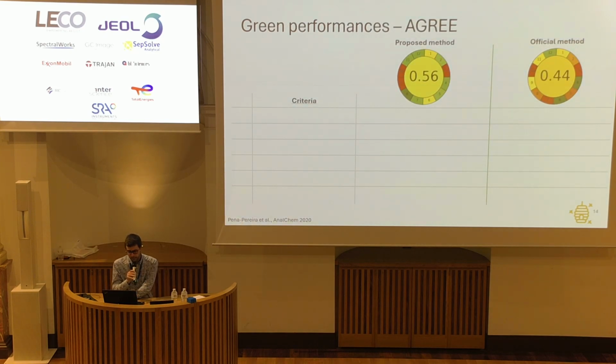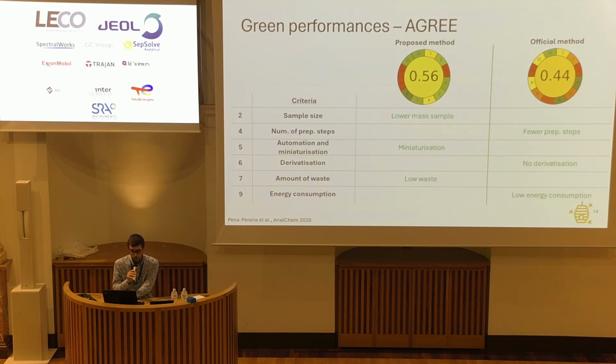The last part here is to compare the green performances of both analyses, so I will do it shortly. Globally, our method was slightly better than the official HPLC method, and we were penalized because we use GC-qMS, GCxGC-qMS, and also because we had to use a derivatization step.